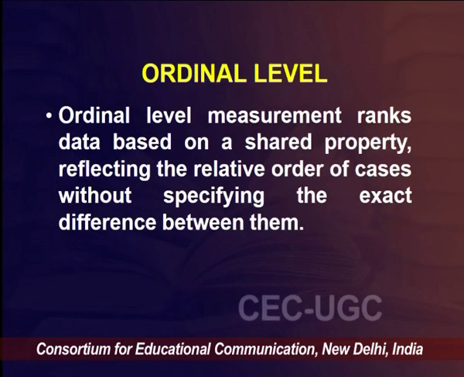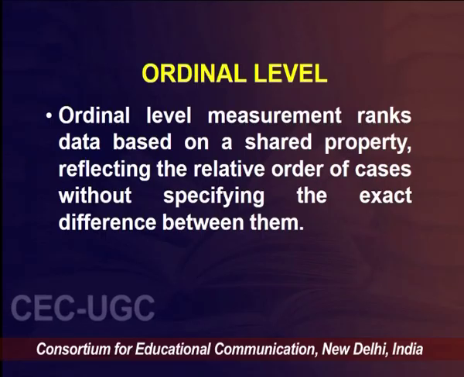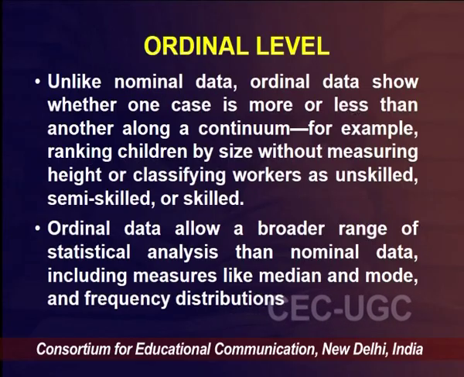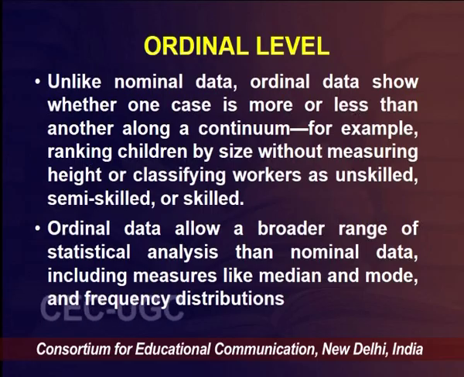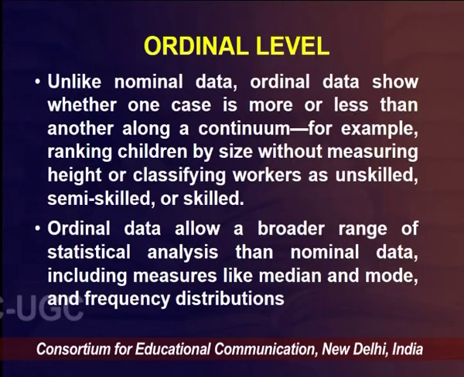Ordinal level measurement ranks data based on a shared property, reflecting the relative order of cases without specifying the exact difference between them. Unlike nominal data, ordinal data shows whether one case is more or less than another along a continuum. For example, ranking children by size without measuring height or classifying workers as unskilled, semi-skilled or skilled.